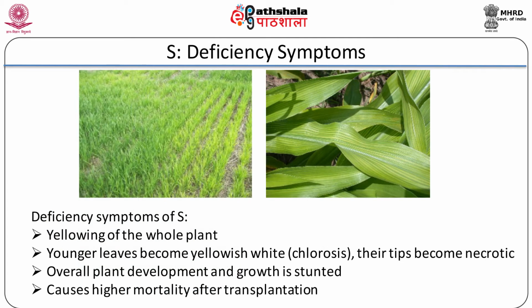Sulfur deficiency is not a common problem because there are numerous microorganisms capable of oxidizing sulfides or decomposing organic sulfur compounds. Sulfur deficiency, similar to nitrogen, results in the generalized chlorosis of the leaf. The tissues surrounding the vascular bundles also show chlorosis.